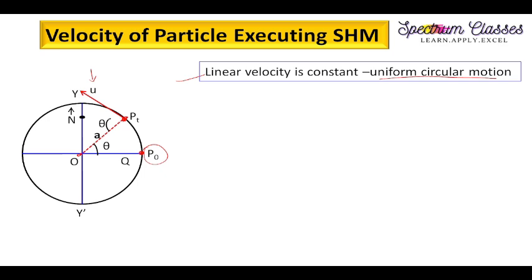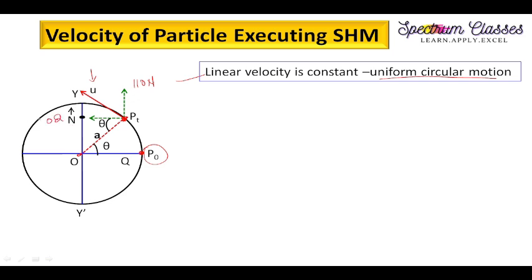Now if I draw a perpendicular on this y-axis, then I get a point N from Pt. These green lines are the components of u. This one is parallel to the ON direction and this is parallel to the OQ direction.